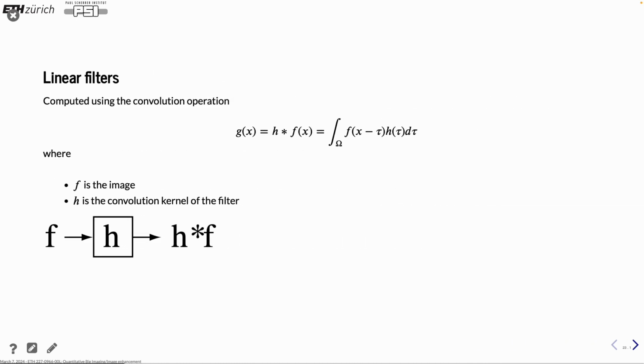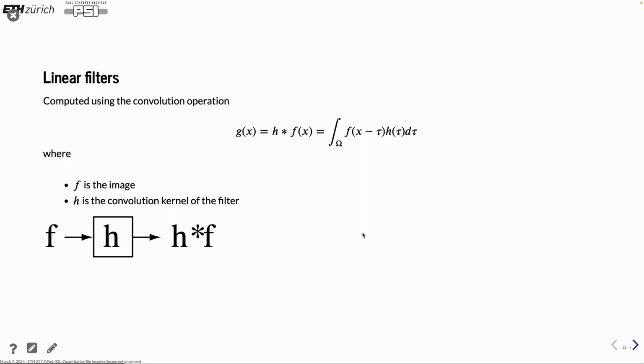The basic filter models are usually based on convolution, so it's a linear filter, which essentially follows the convolution operation. And if you would like to draw it in a box flowchart, then you would probably do something like the image F comes through some filter kernel, and the result is the kernel convolved with the signal.